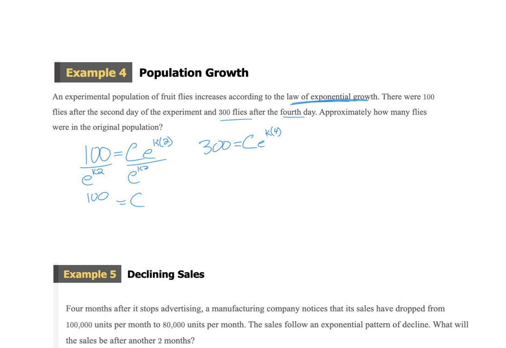Now, instead of dividing by e to the 2k, I'm going to go 100 times e to the negative 2k power. So that means 300 equals, now we're substituting in our value for c, 100 e to the negative 2k times e to the 4k.